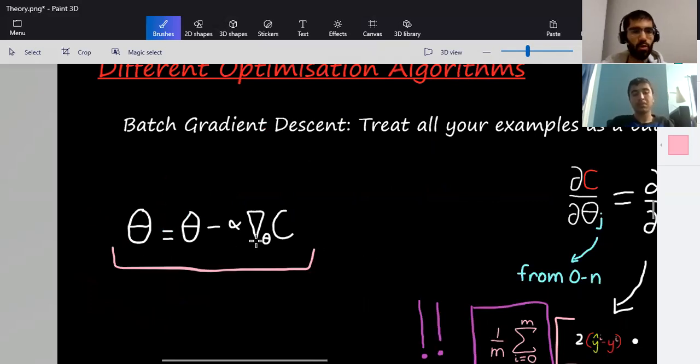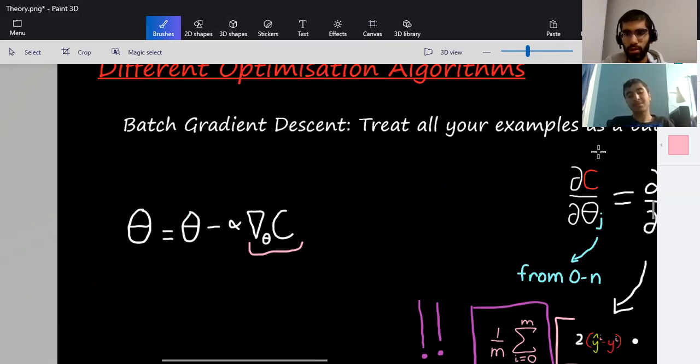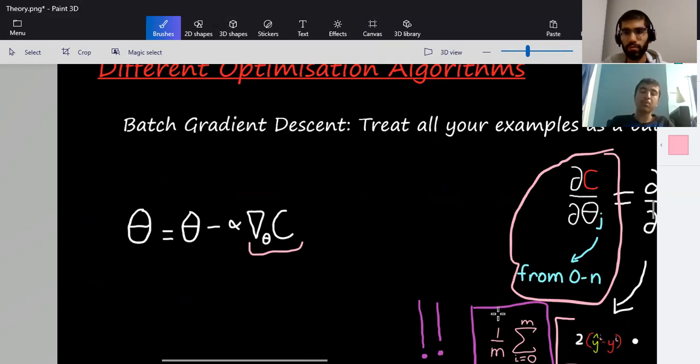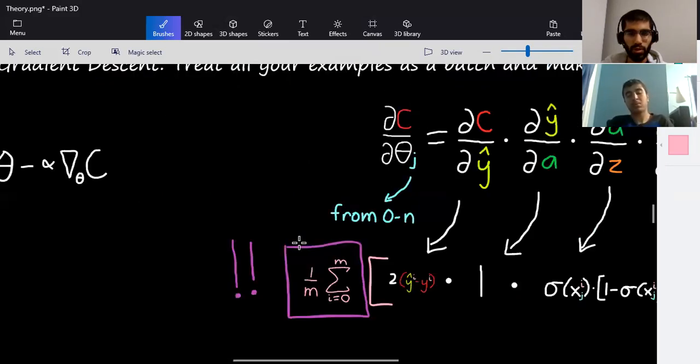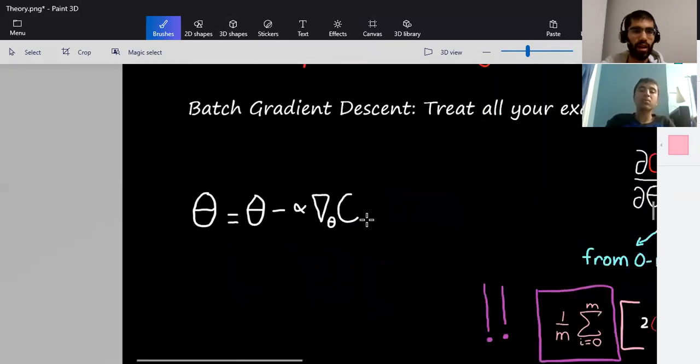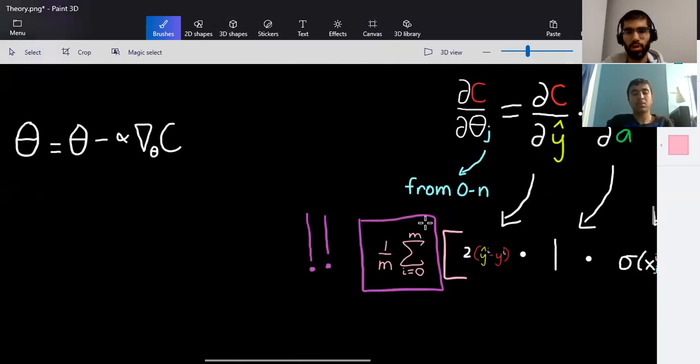Every single time we run our gradient update, we're updating our theta parameters. Remember, this is like a storage container for all of these derivatives, from theta 0 to theta n-1. We're doing all of this with millions of parameters, millions of examples on every single step of our gradient descent. That's why it's called batch, because we're treating all of the examples as a batch.